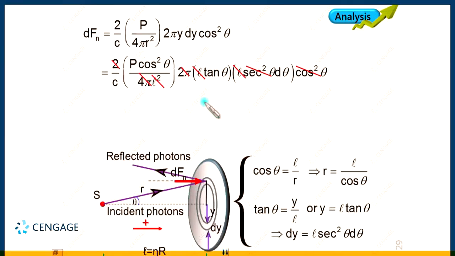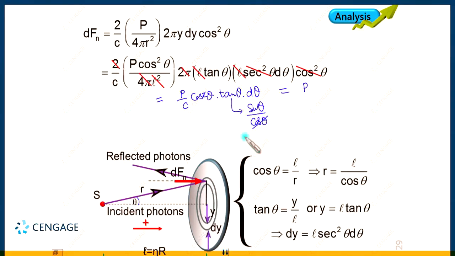So here we can write this is equal to p divided by c, and this is cos square theta multiplication tan theta and overall multiplication d theta, and we can write tan theta equal to sin theta divided by cos theta, and this cos theta will get cancelled.